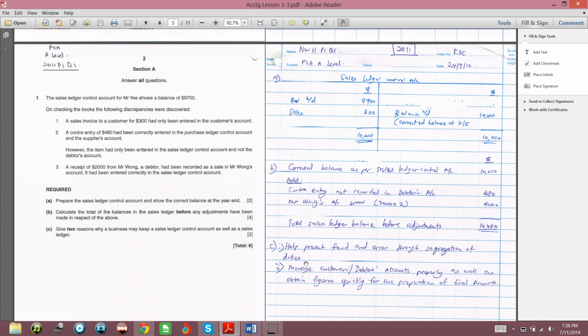This one I have explained before in part 1. Manage debtors, individual debtors, creditors accounts properly, as well as obtain figures quickly for the preparation of final accounts. This is what I explained in part 1, but I put it in writing over here.